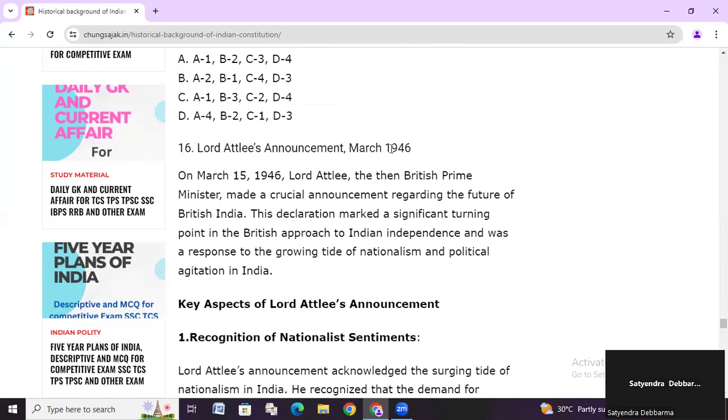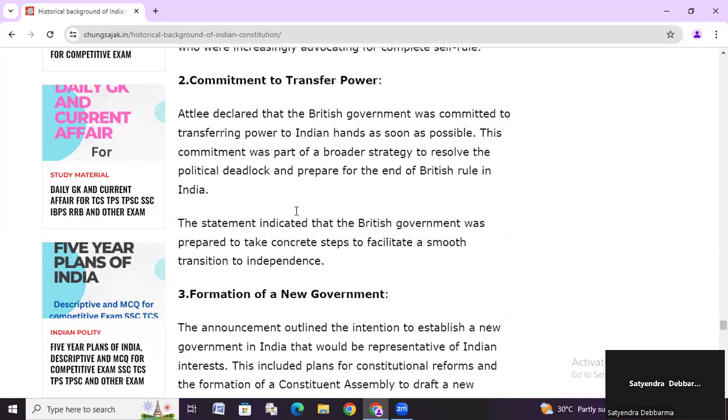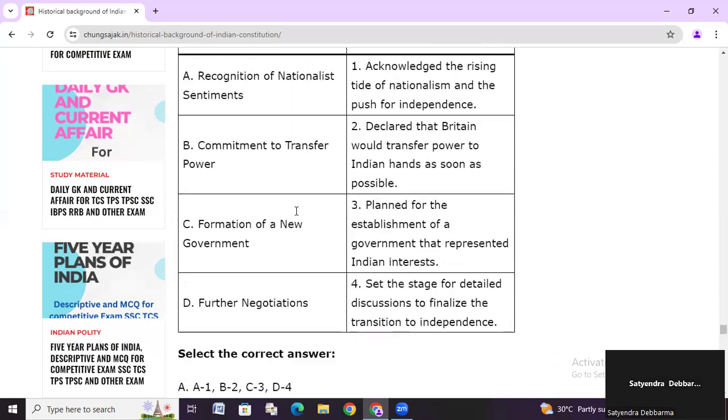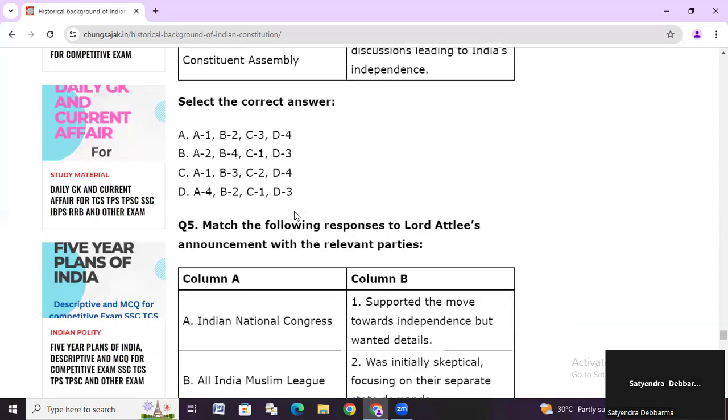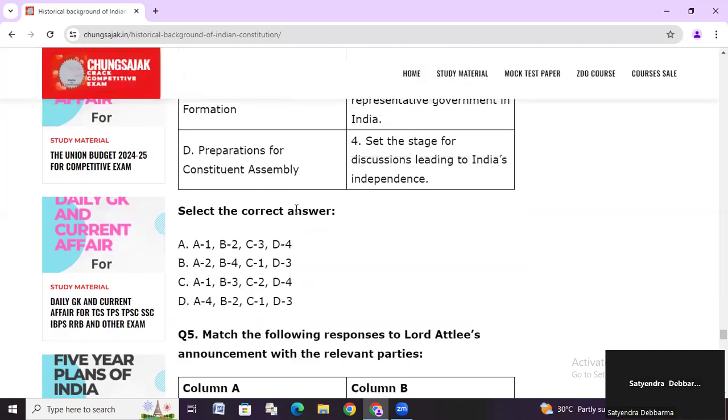Lord Attlee announcement, March 1946. Explanation and MCQ. All important acts, that means historical background of Indian Constitution, discuss and practice the MCQ. See the explanation and practice. That means practice always, try to solve the MCQ.